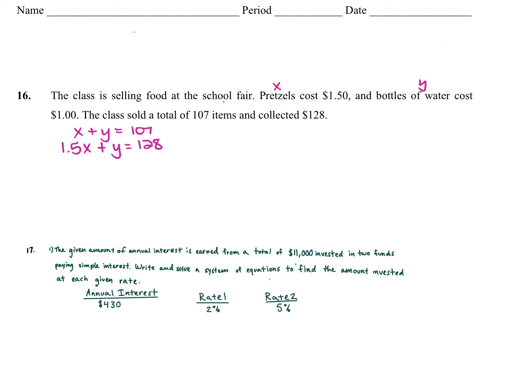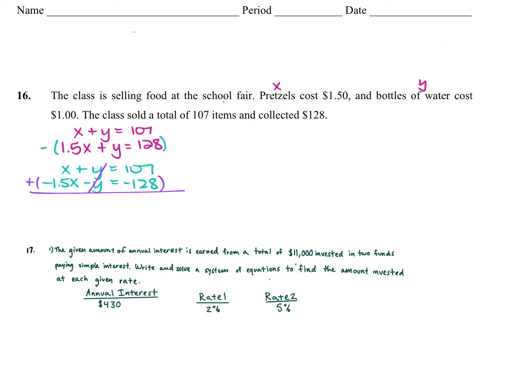You can choose the method you use in order to solve the system. If we chose elimination, we can subtract the bottom from the top, which means we'd be working with x plus y is equal to 107 minus 1.5x minus y is equal to negative 128. From here, we can just combine our like terms, so add them. Your y's would cancel.